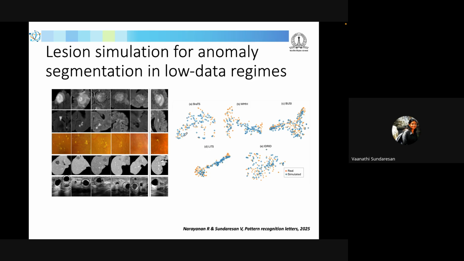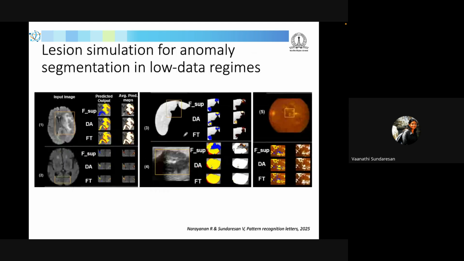At the same time, they are also spread out well, which shows that there is sufficient heterogeneity there. At the same time, they are not deviating much from the real lesions. So they can be used for various tasks, including training various deep learning models for segmentation purposes. That's what we did. We did lesion simulation mainly for anomaly segmentation in low data regimes.